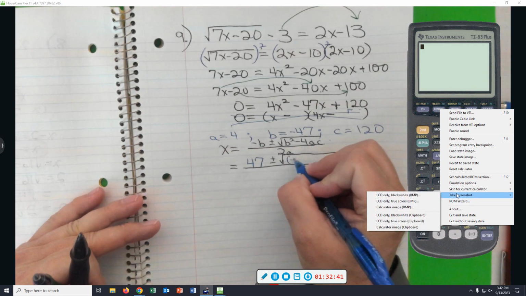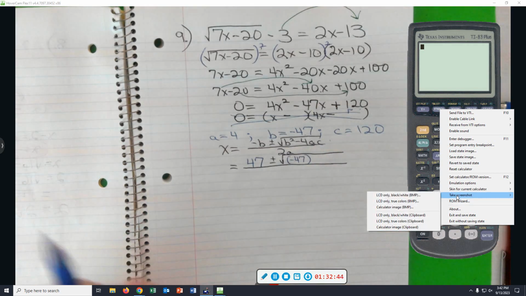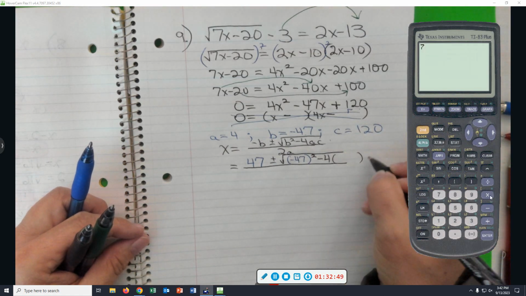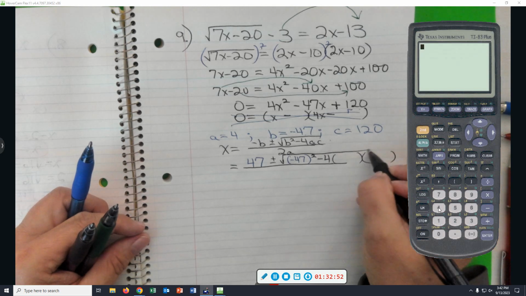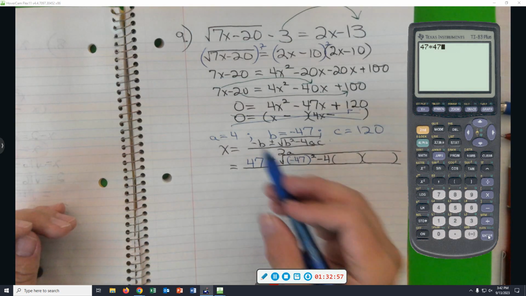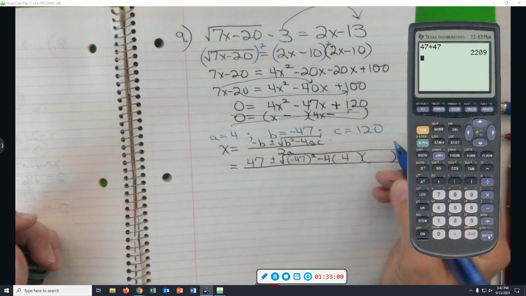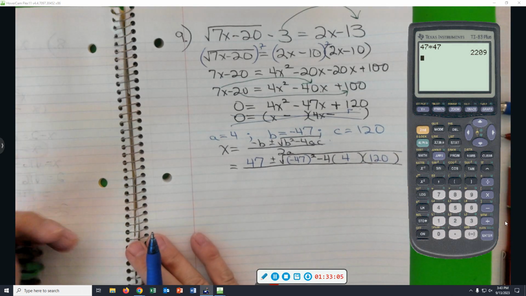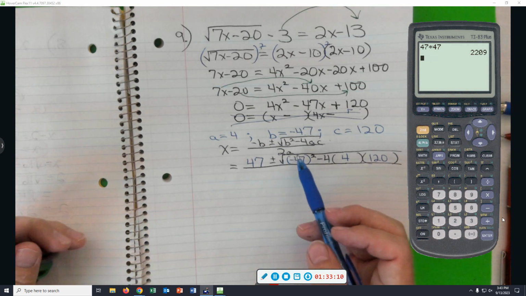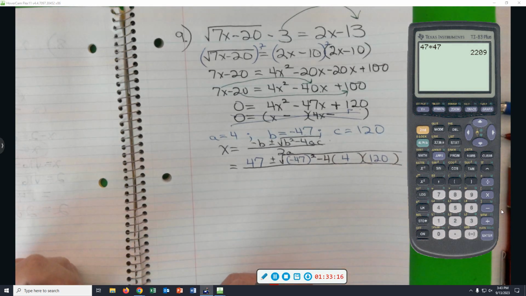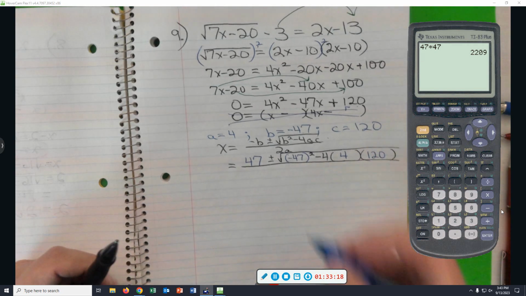Negative 47 squared minus 4 times a times c. A is 4, c is 120, all over 2 times a. We can do that in our head. What will we have for our denominator? 8, I agree.